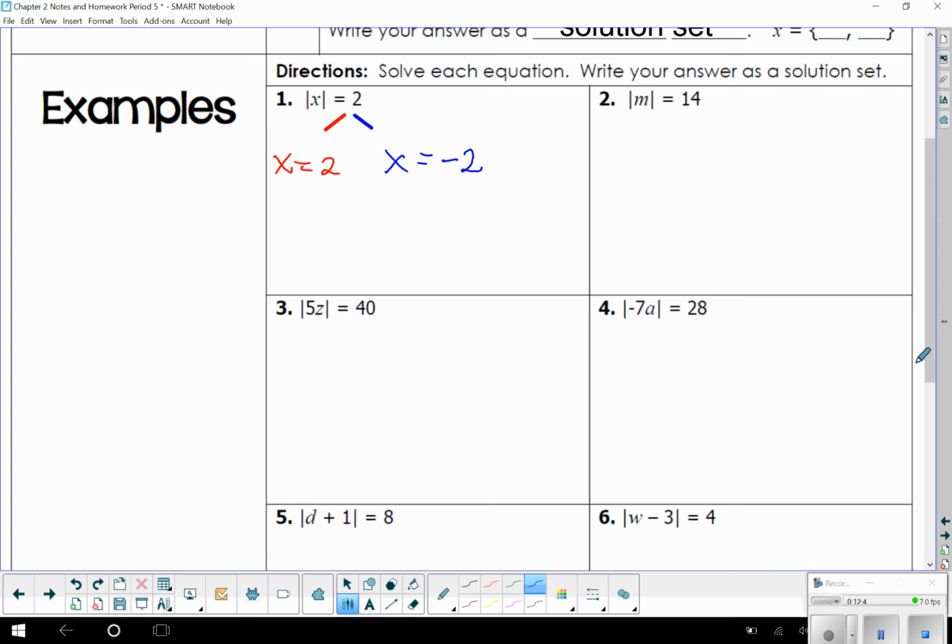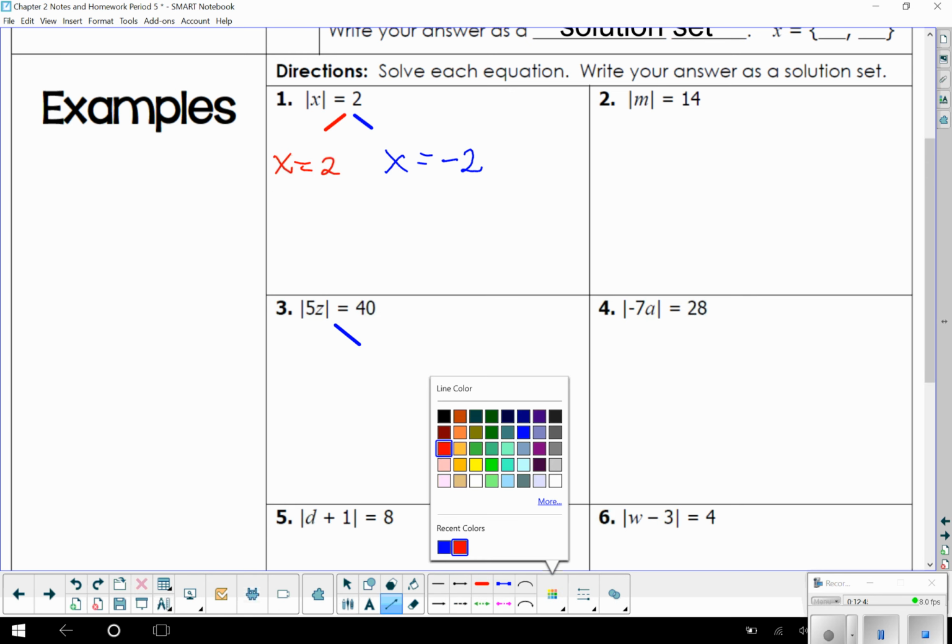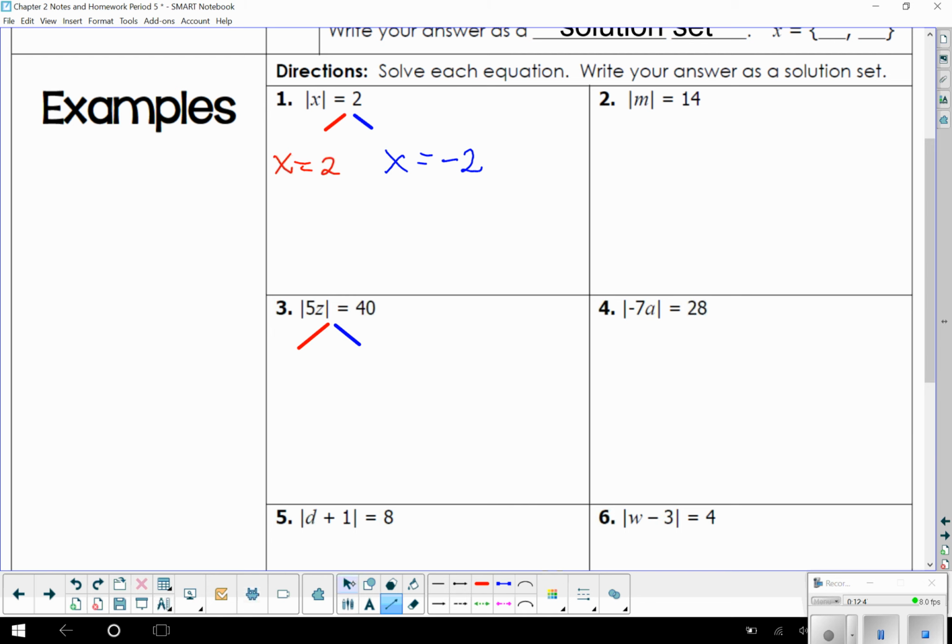See number 3. Okay. So write it the way it looks. 5z equals 40. And then I want you to write what's inside.